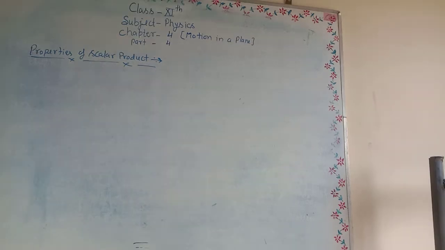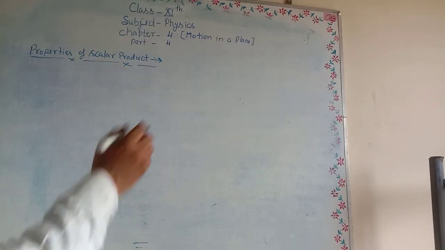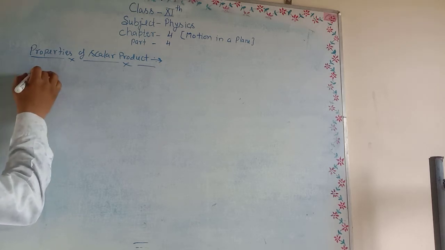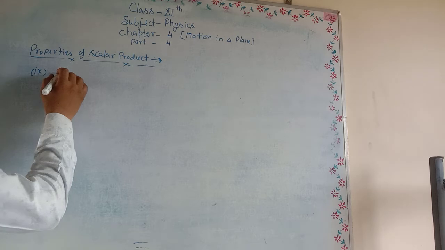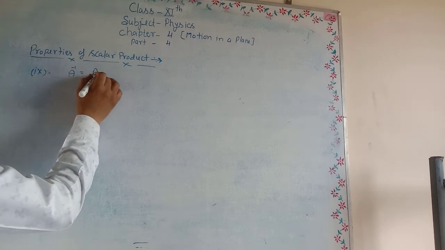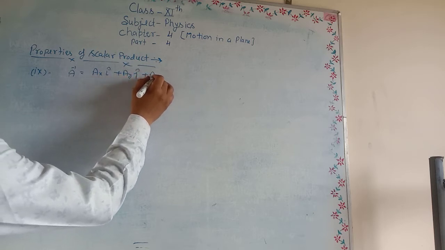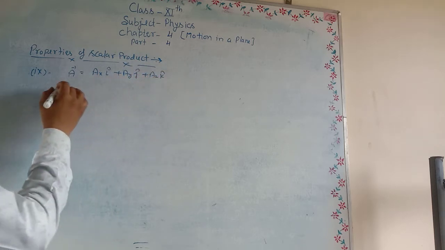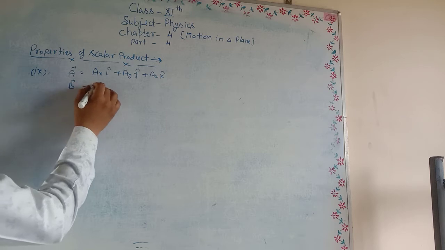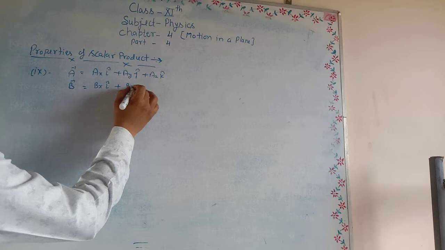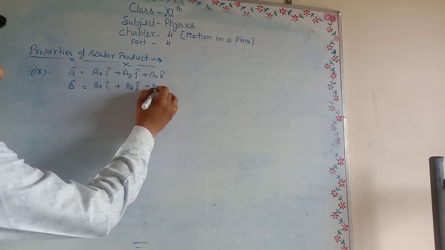Next property, number 9. Next property: vector A is equal to Ax i plus Ay j plus Az k, and vector B is equal to Bx i plus By j plus Bz k.